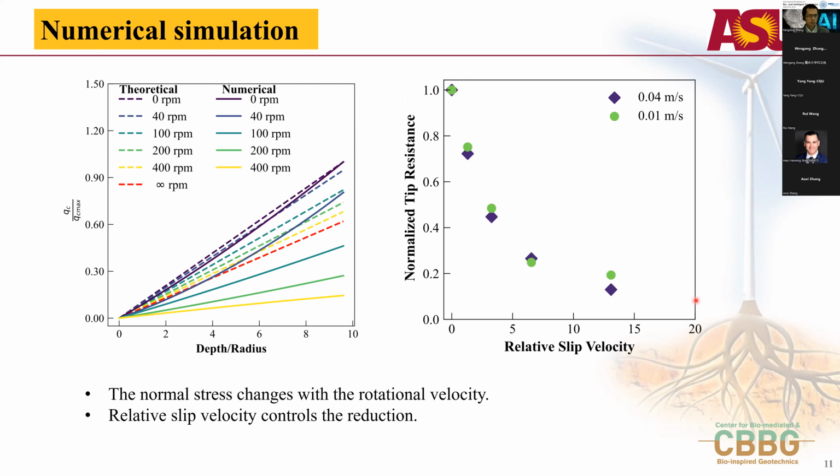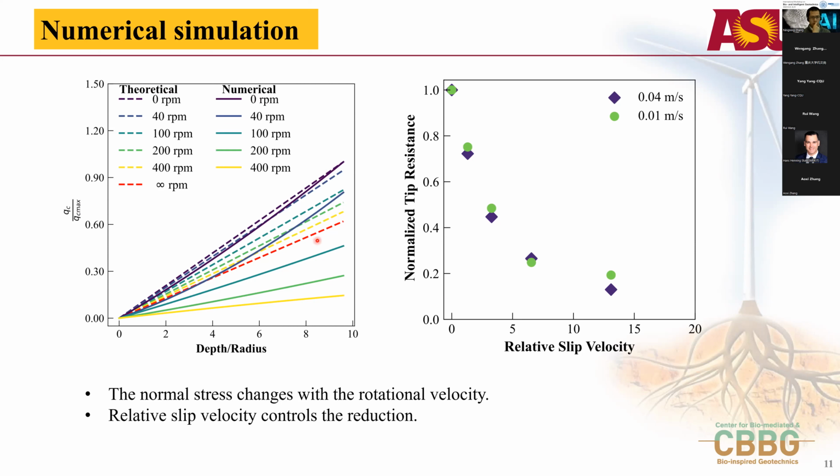This provided a theoretical model to calculate the normalized penetration resistance. He assumed that the normal stress will not change whether the cone rotates or not. So we calculated our numerical data and compared it with the theoretical result. The result shows that the normalized penetration resistance is the same for the control case.